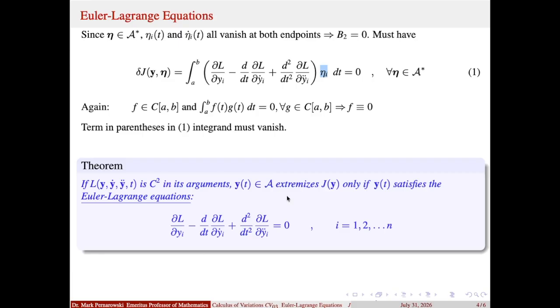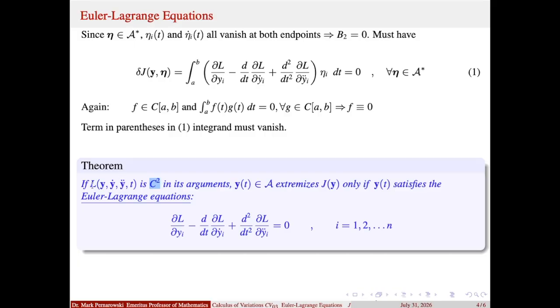So let's state that as a theorem. If the Lagrangian is C2 in its arguments, we don't need to see exactly why, but basically I want to be able to take derivatives in this part here.